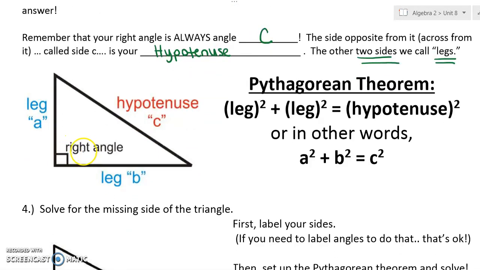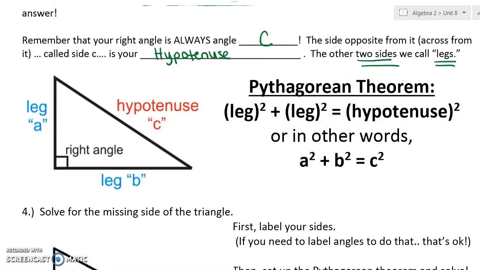We have the right triangle. Across from it is C, which is the hypotenuse, and side A and side B are called the legs. The Pythagorean's theorem is either A squared plus B squared equals C squared, or leg squared plus leg squared equals hypotenuse squared. If you hear me saying either one of those, I'm talking about the Pythagorean's theorem.